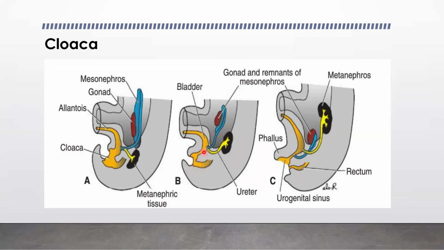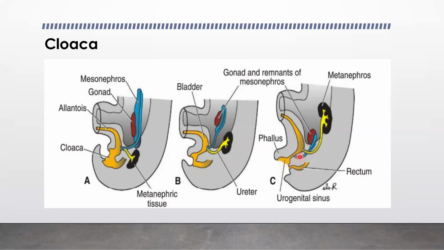And through that we appreciate that the ureters, the bladder, and the urethra will be anterior, and then the rectum, the anal opening and the anus itself will be posterior. And that is what is being depicted here. So we have the urogenital sinus being the anterior aspect of the cloaca. Then we'll have the anorectal sinus being the posterior part of the cloaca, and this is the urorectal septum.